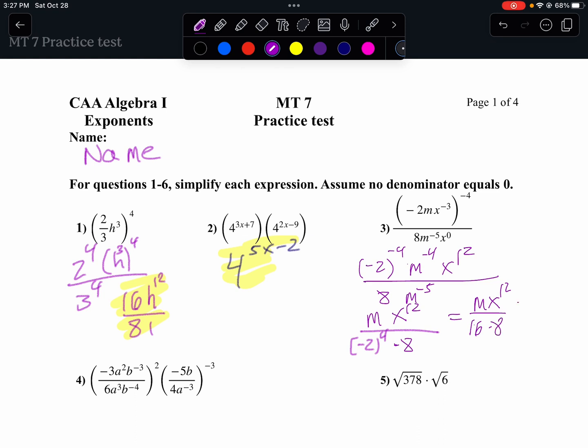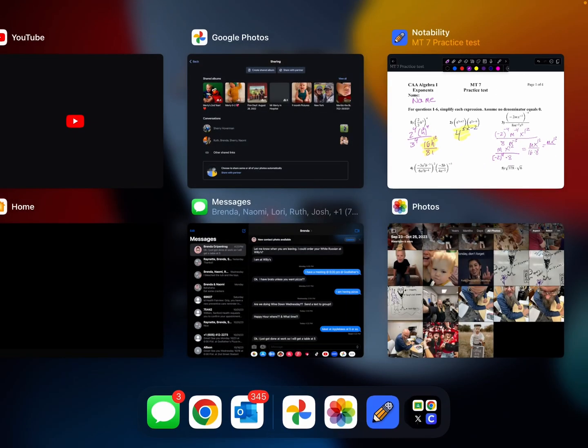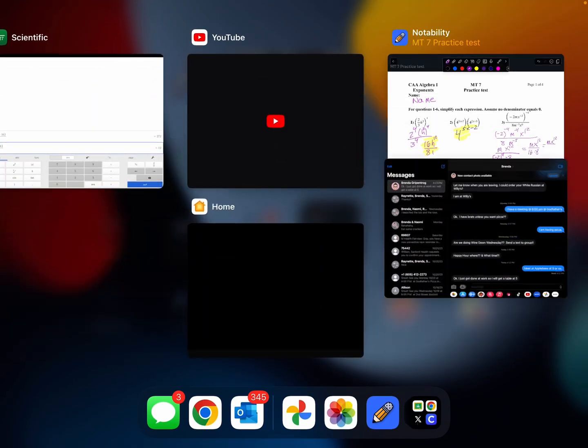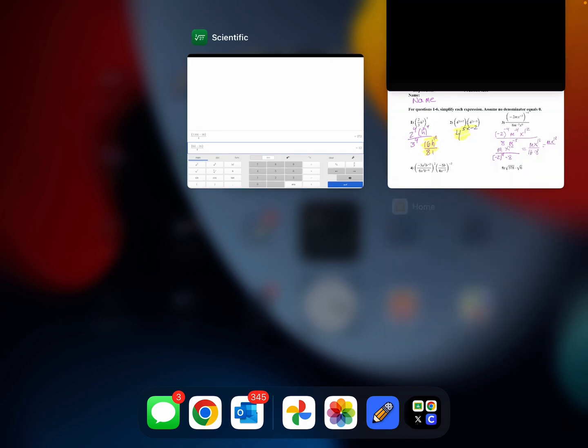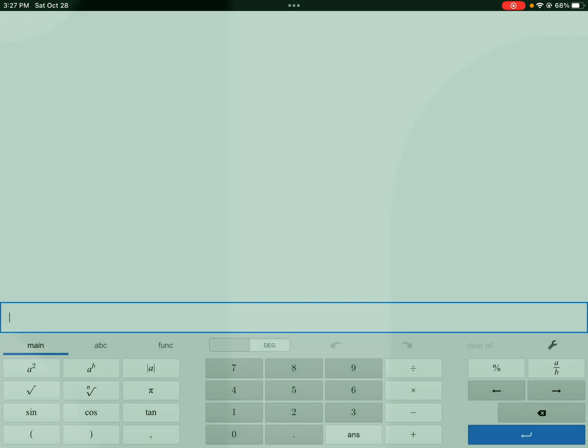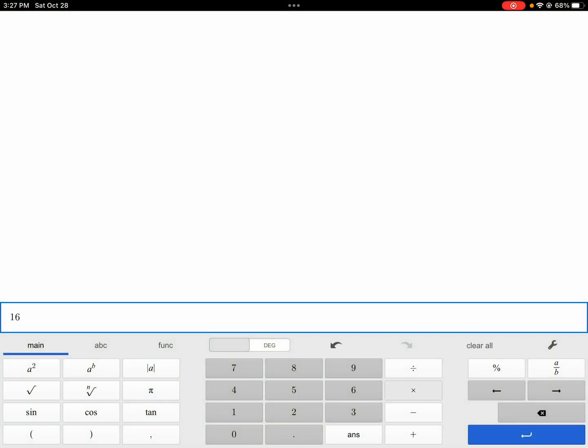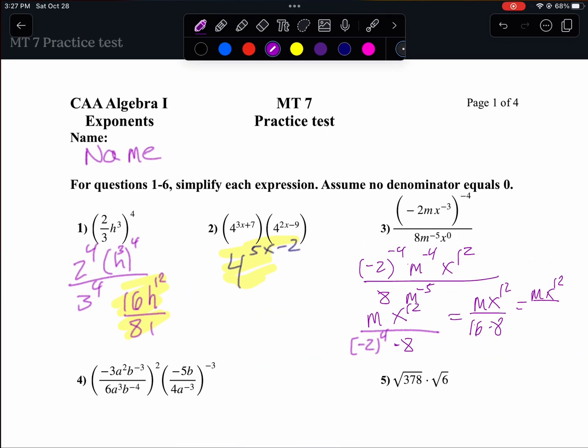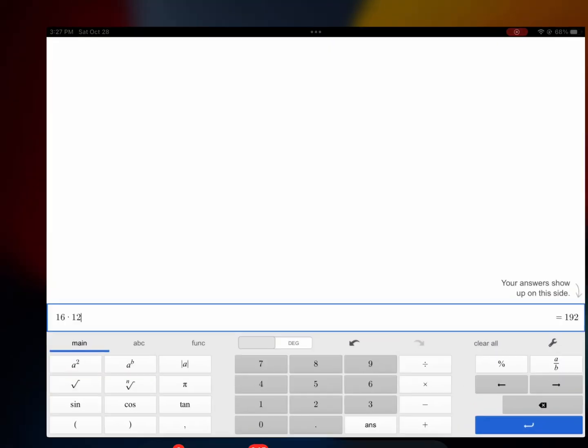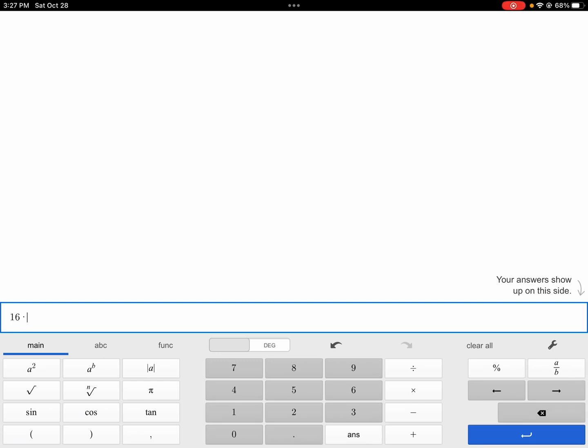So we're going to multiply 16 times 8. So I'll get m x to the 12th. 16 times 8, I think we'll use a calculator for that part. 16 times 8 is 128.